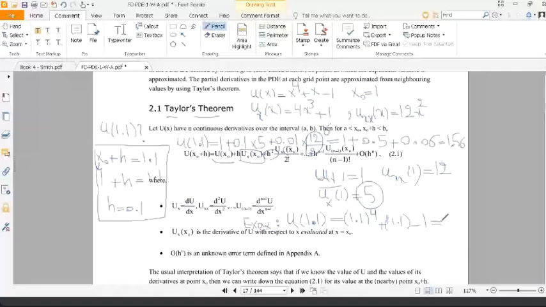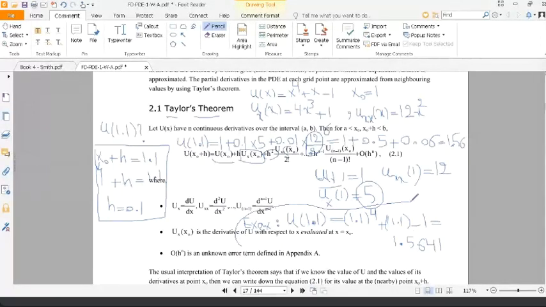The result is 1.5641. It is the exact solution, okay?